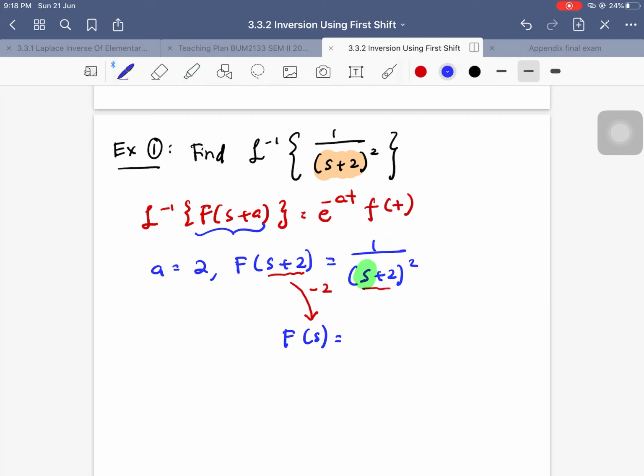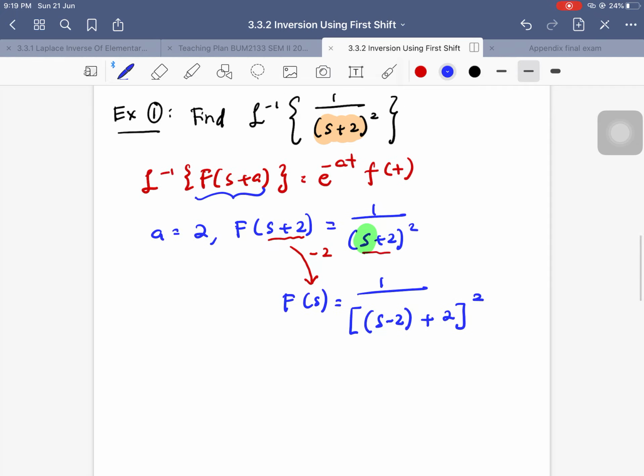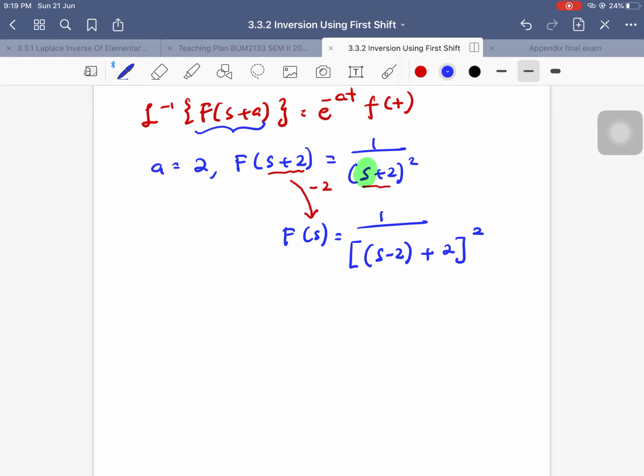There's only 1 s, so this is going to be 1 over (s minus 2) plus 2 squared. Right? And I'm going to simplify this, for which I will end up with 1 over (s minus 2 plus 2) squared. That is going to be 1 over s squared.